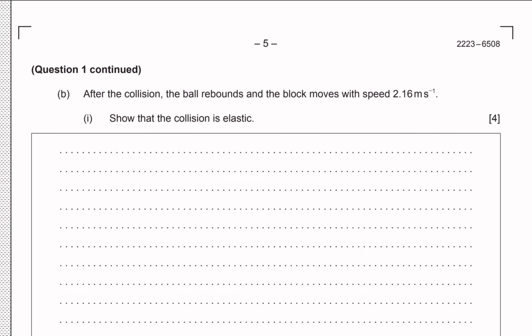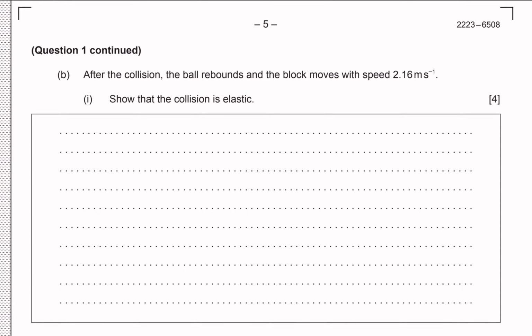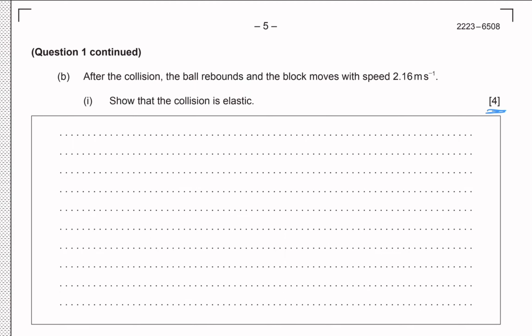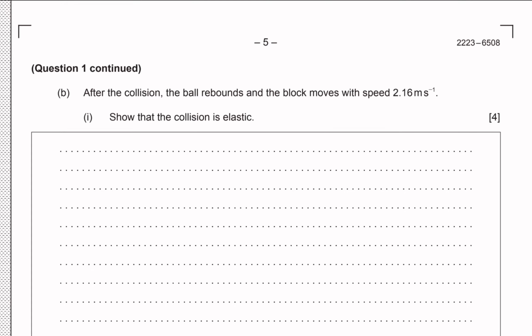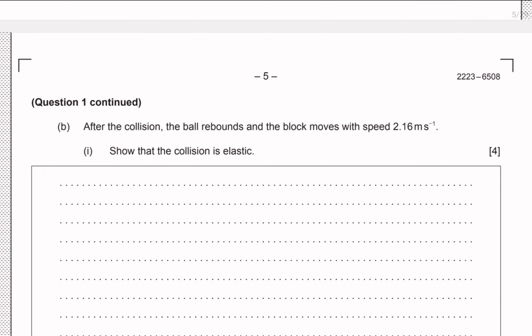Then after the collision, the ball rebounds and the block moves with a speed of 2.16 meters per second. We need to show that the collision is elastic. Well, this is going to be quite a lengthy question. We can also see this from the marks we can achieve from this, as we need to think about 2 complete steps here. First of all, let's see what happens.